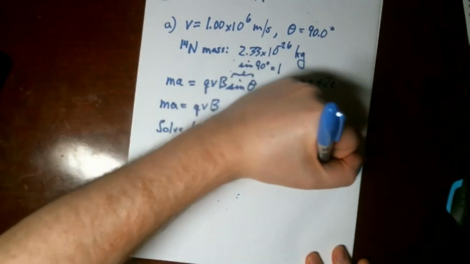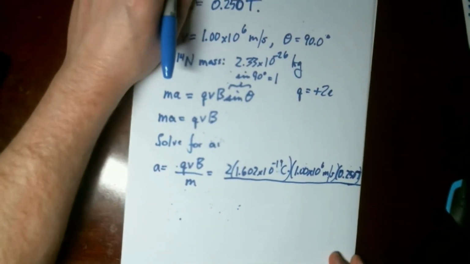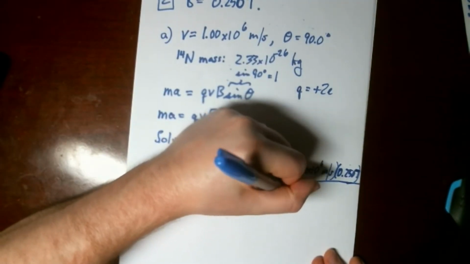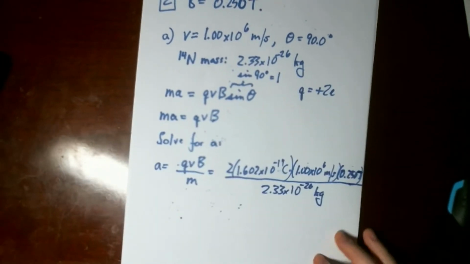And then finally, I give you the mass of a nitrogen-14 nucleus, which is tiny, 2.33 times 10 to the minus 26 kilograms.